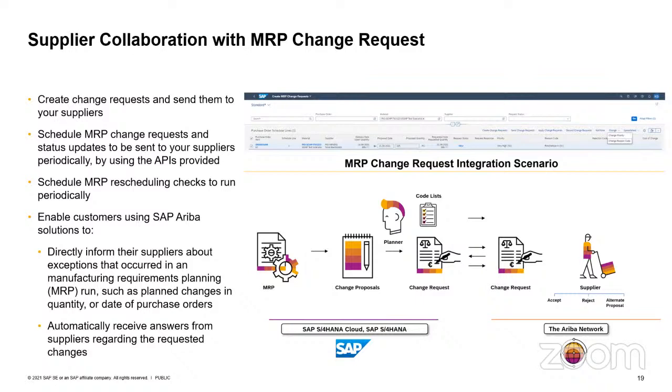So those are the changes which the MRP run throws, because at a customer order level or for some changes, we do not see any traction for that item, so we need to either postpone it, cancel it or make some changes. This information, for the level of a bill of material which is procured from an external vendor, needs to be communicated to the vendor, and that process is very nicely added in the form of the MRP change request integration scenario here.